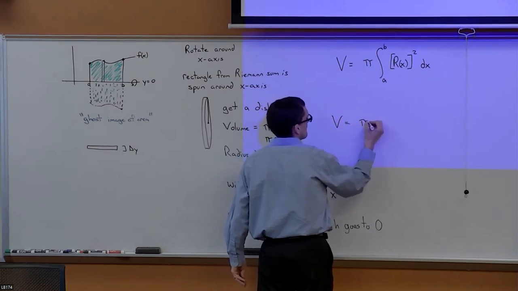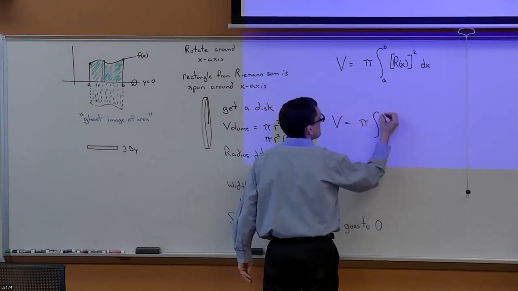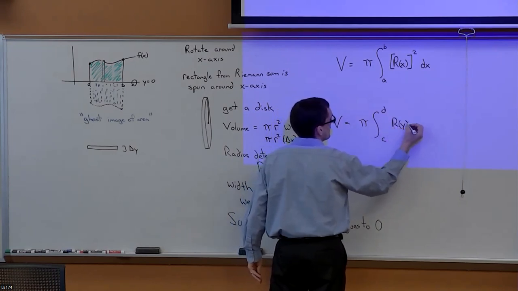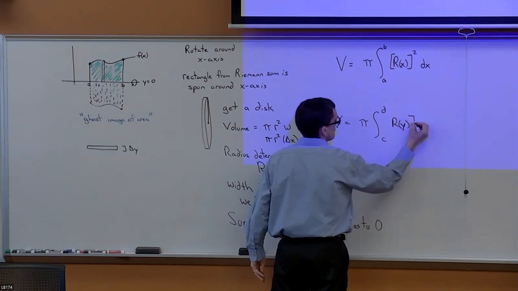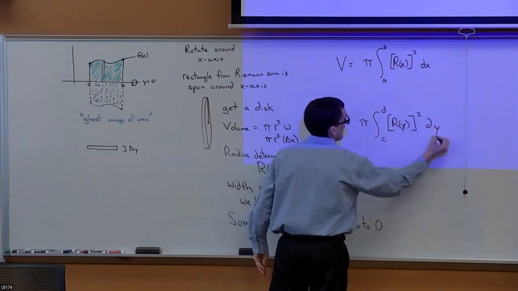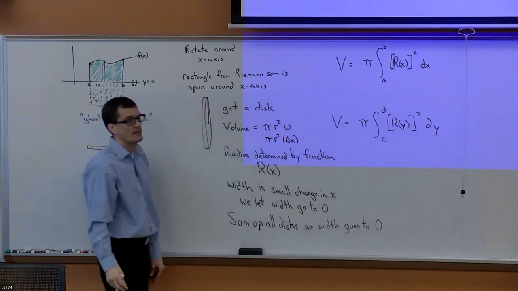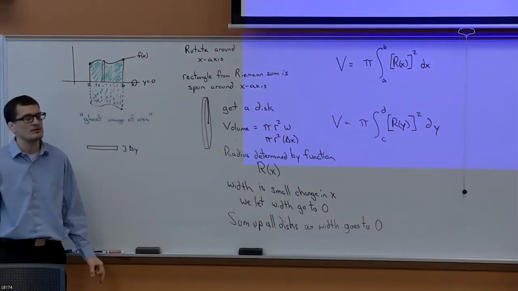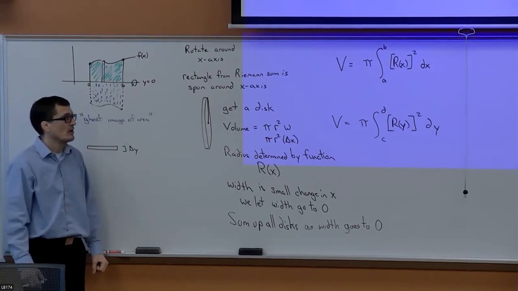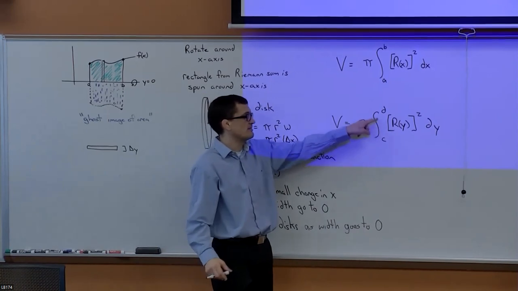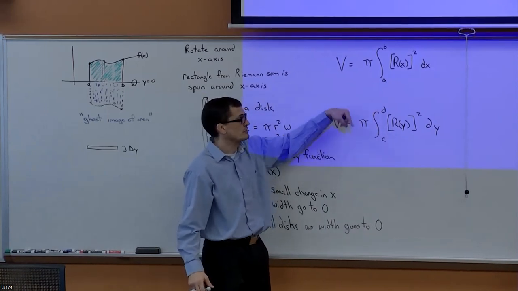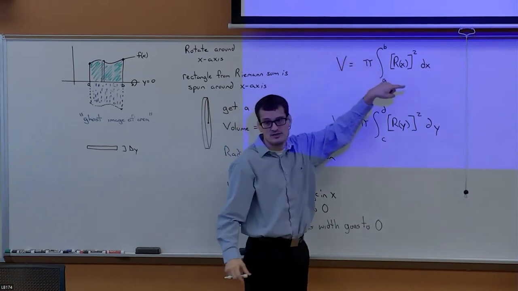It's going to look exactly the same: some radius function, now written with respect to y, squared, integrated with respect to y. And traditionally we use C and D because these have to be y values, and we use A's and B's for the x values.